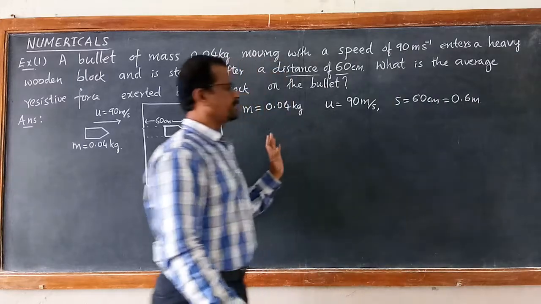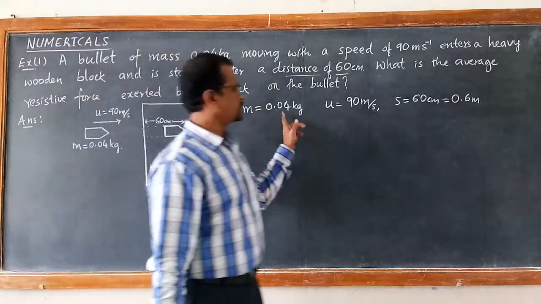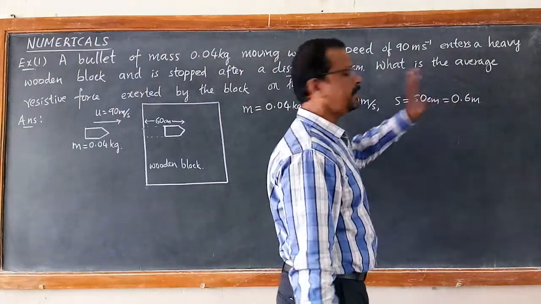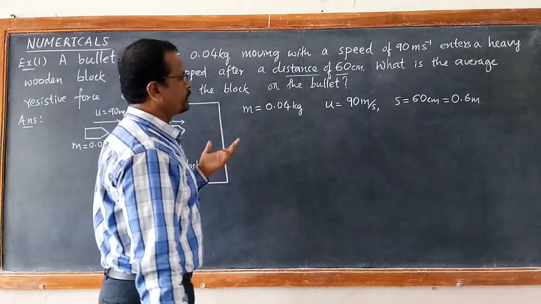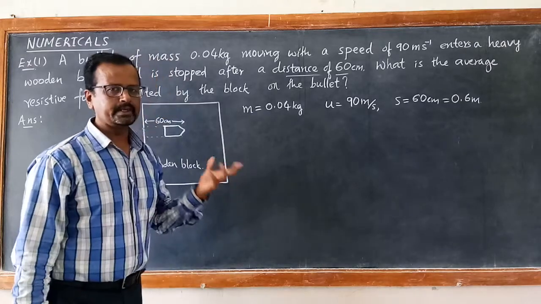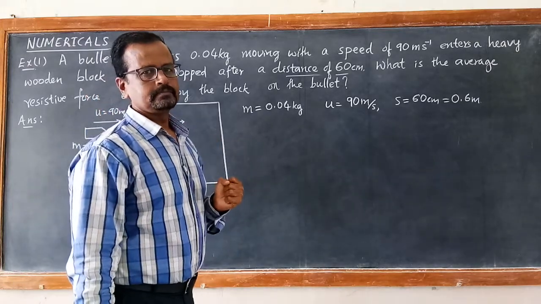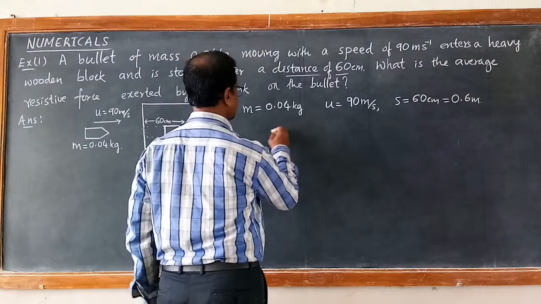We have to convert everything into SI units: kg, meter per second, and meter. Then, to calculate force, we need to calculate acceleration. So how do you calculate acceleration?